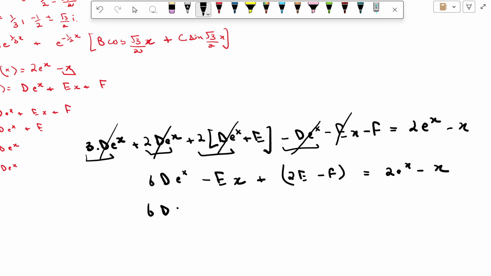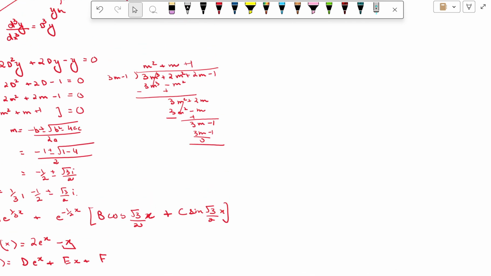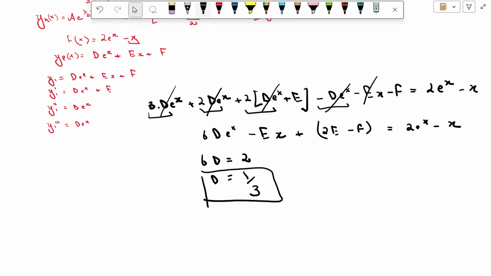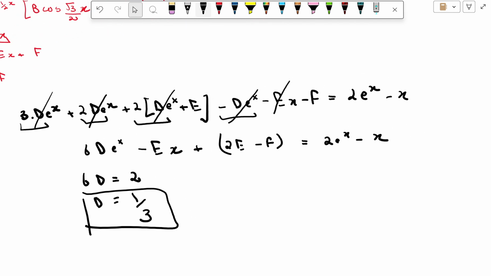So 6d equals 2, so d equals 1 by 3. Do not confuse this d with the original d I used here. This is just a mere constant. It has nothing to do with that. Okay. And then negative e equals negative 1, so e equals 1.